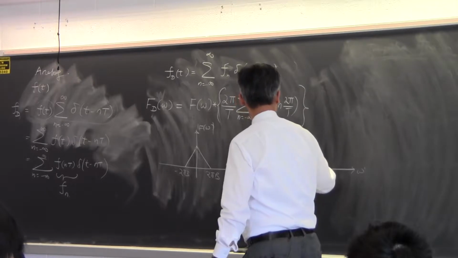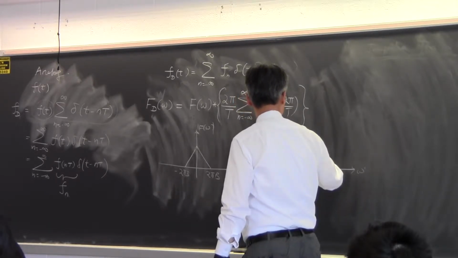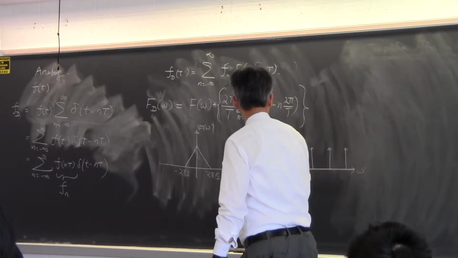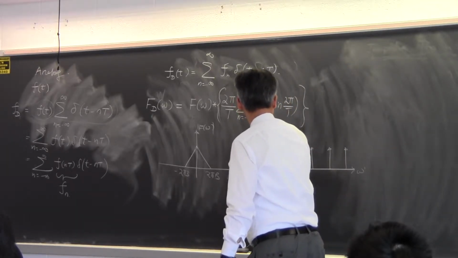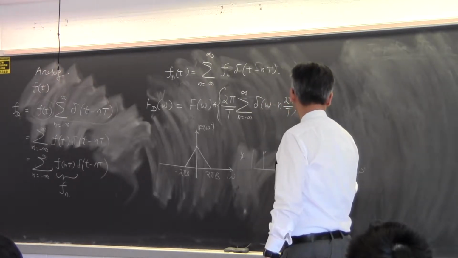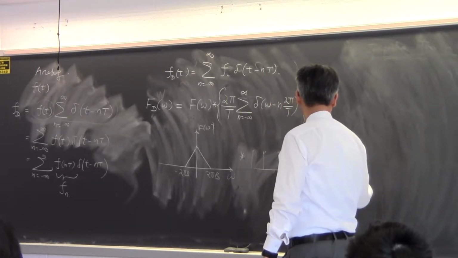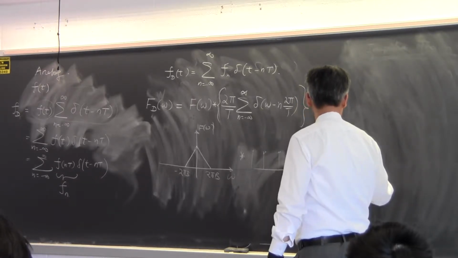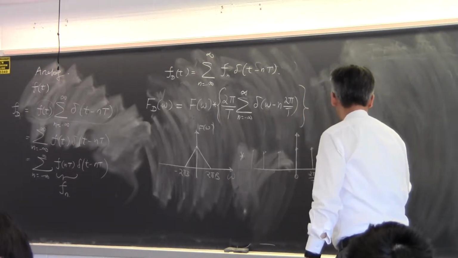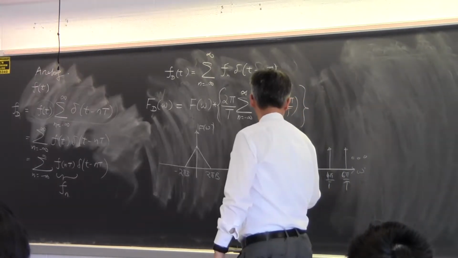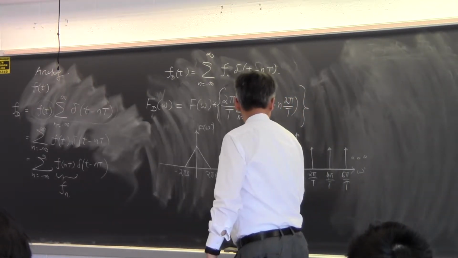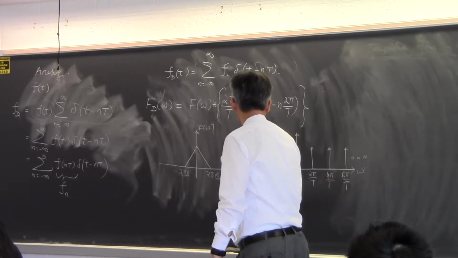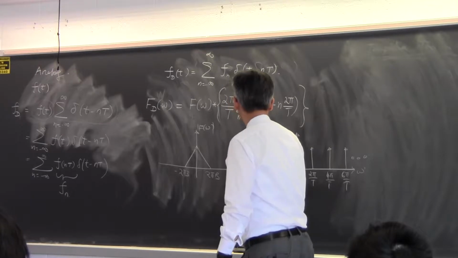The impulses are located as such: this is 0, the first one is 2 pi over T, the second one is 4 pi over T, the third one is 6 pi over T, and it goes on and on. Also minus 2 pi over T, minus 4 pi over T, minus 6 pi over T, and so on.